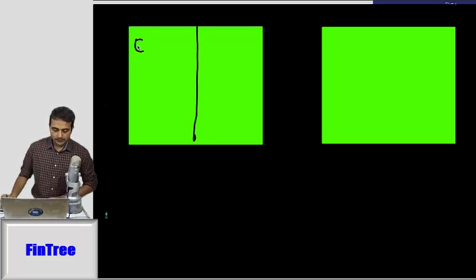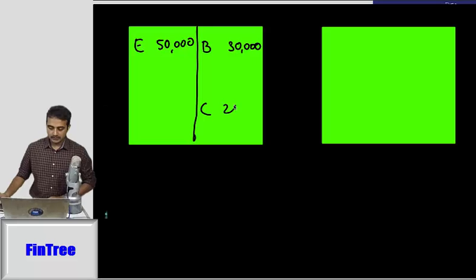Equity 50,000. Building 30. Just cutting down on the other components. Cash 20. Equity 20,000.